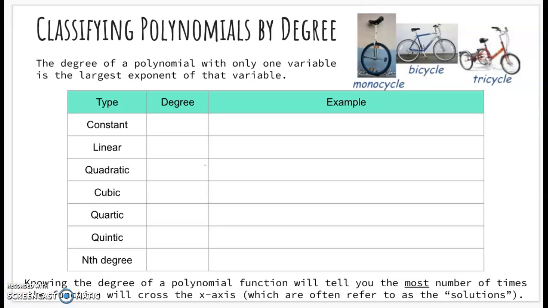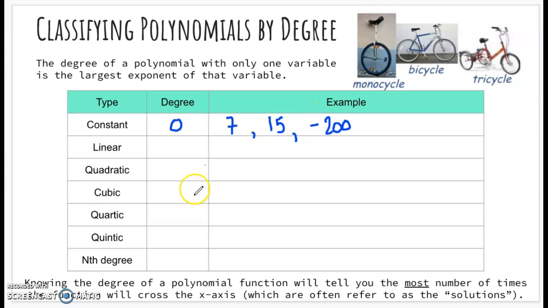Next we want to think about how to classify polynomials by their degree. The degree of a polynomial with only one variable is the largest exponent of that variable. For example, a constant doesn't have a variable, right? A constant would just be a number, like the number 7 or the number 15, or the number -200.